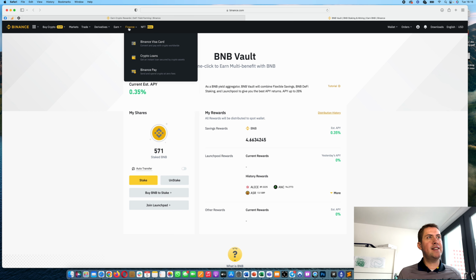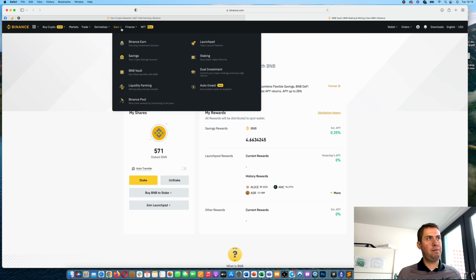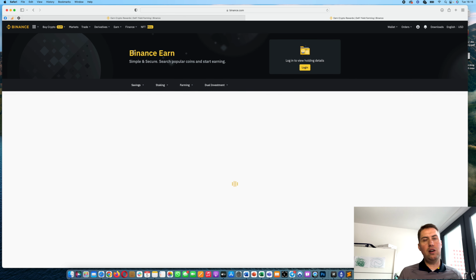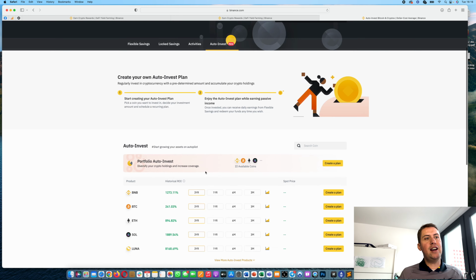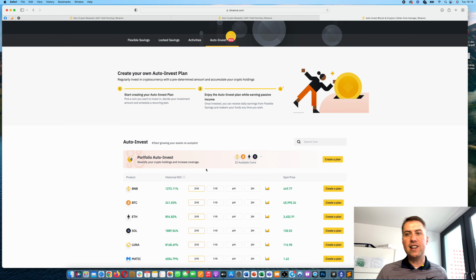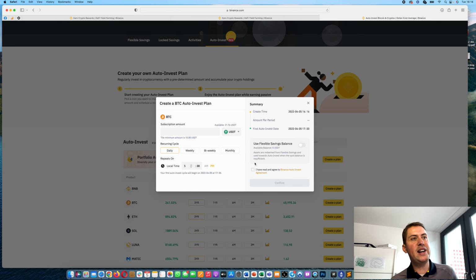And besides that, they also have something here that they call auto invest under savings. It's basically a way to do dollar cost averaging, or to invest a certain amount of money into a specific cryptocurrency. So for example, if you want to buy BTC every week, you can just go and create a plan and say, okay, you want to invest weekly at a specific time and what day.